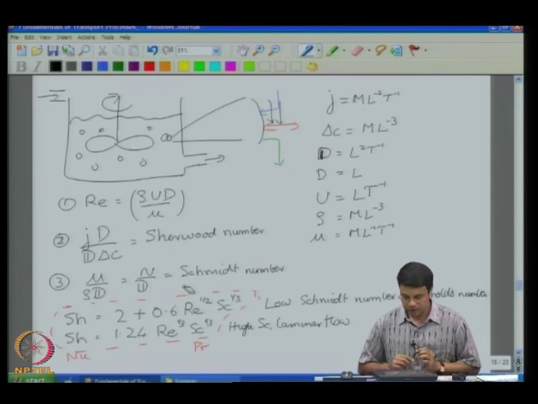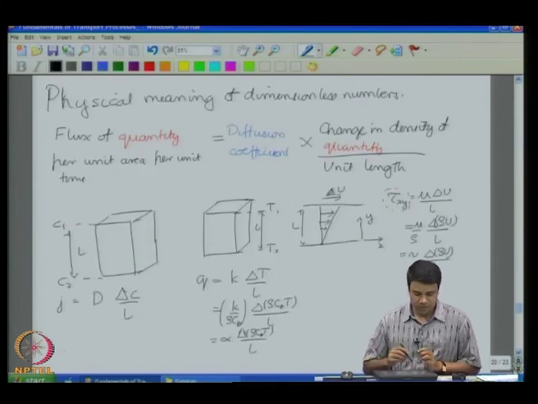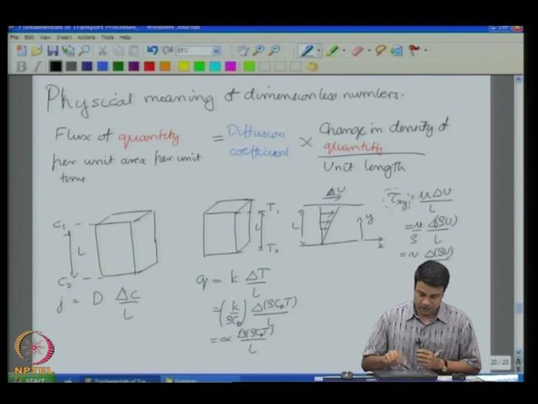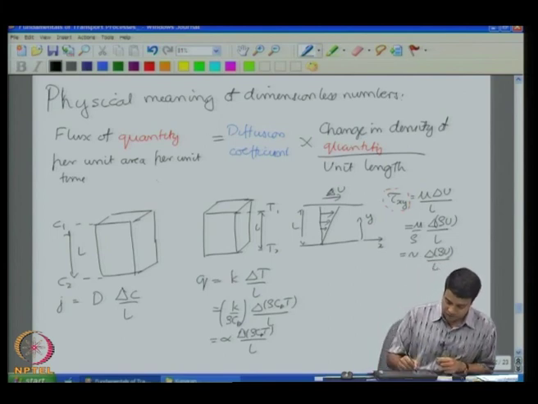And we saw a little later, based upon the physical interpretation of the different dimensionless numbers, why that is so. Because I can write the flux of any quantity per unit area per unit time as a diffusion coefficient times the change in the density of that quantity per unit length. And straight away, since the quantity has the same dimension on both sides, the diffusion coefficient will have dimension of length square T inverse.